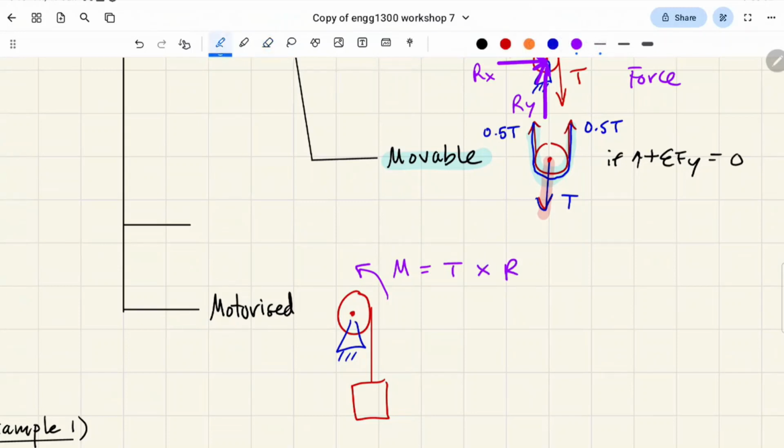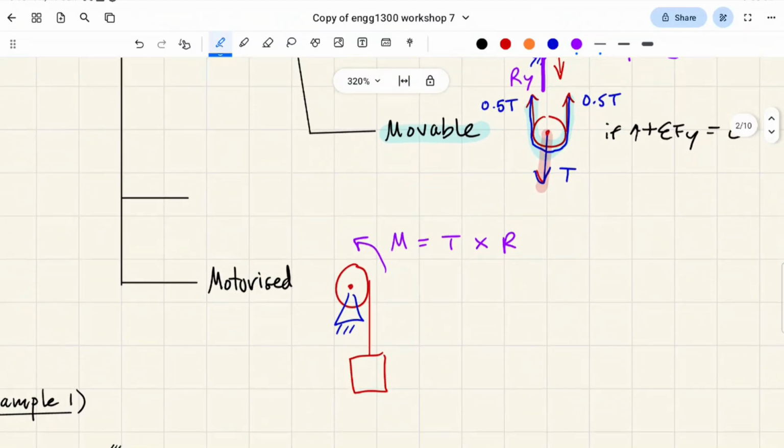And that moment that's being applied through mechanical energy, the motor pretty much, it's going to be proportional to the tension in the rope multiplied by the radius.